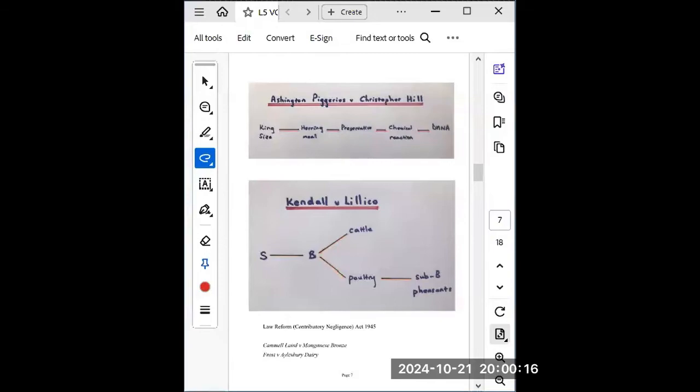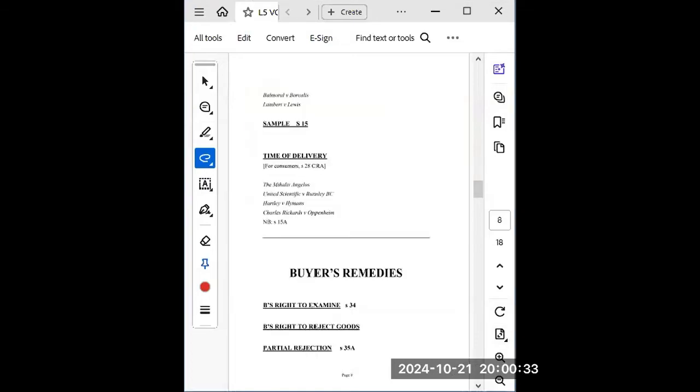All right, what we've covered so far, we know enough about 14.2 and 14.3. Goods must be of satisfactory quality and fit for purpose. But note that goods do not have to be fit for every conceivable purpose.